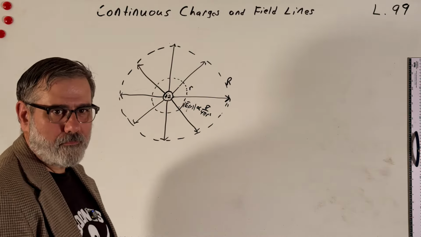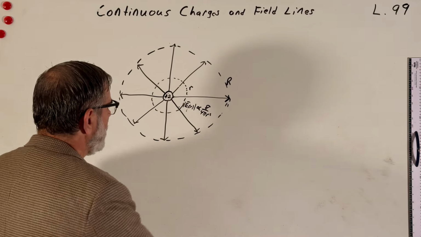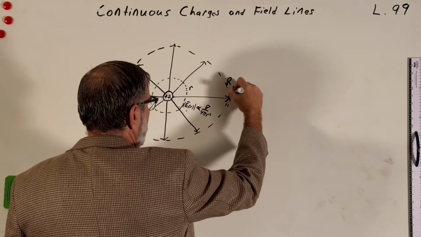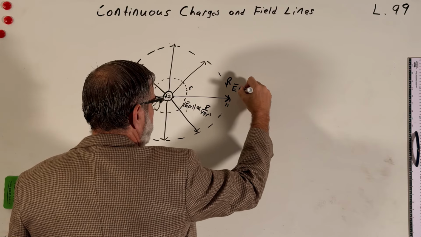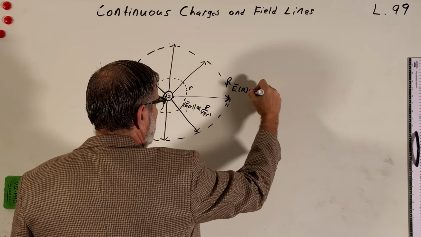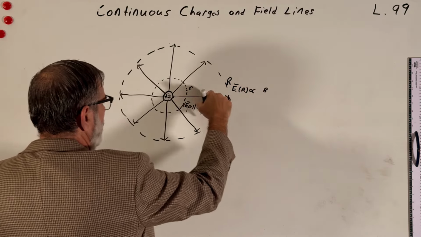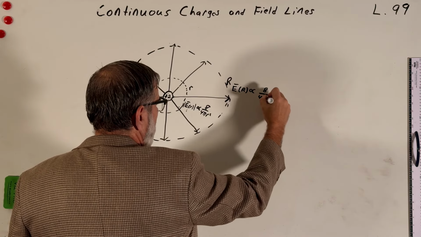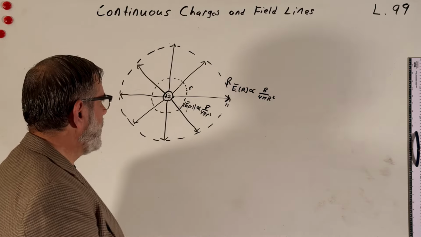And if I look at the magnitude of the field out here at big R, the electric field at big R is proportional to 8 field lines still, 1, 2, 3, 4, 5, 6, 7, 8, divided by 4 pi big R squared, where big R is bigger than little r.